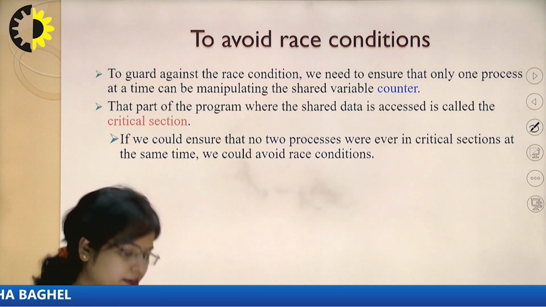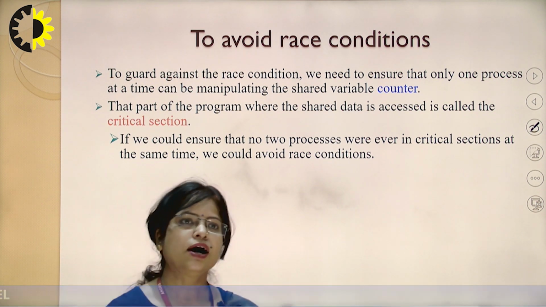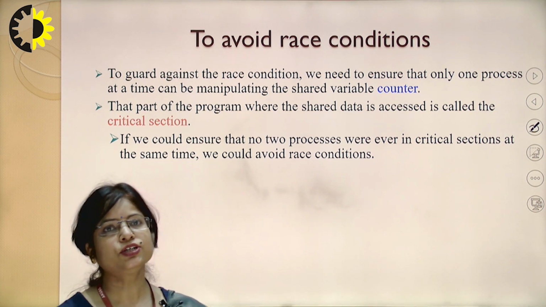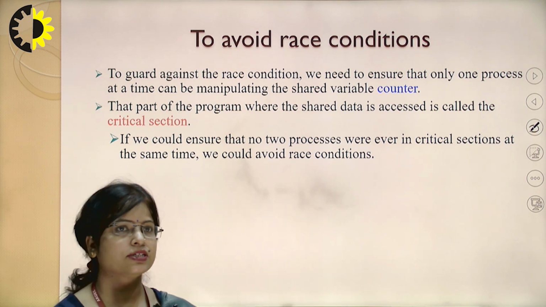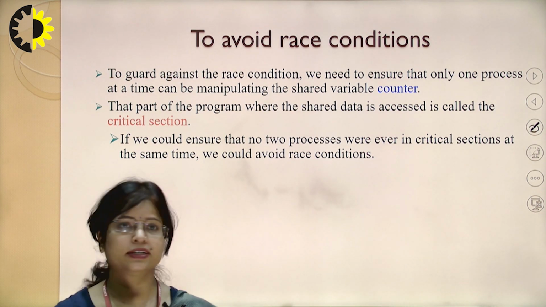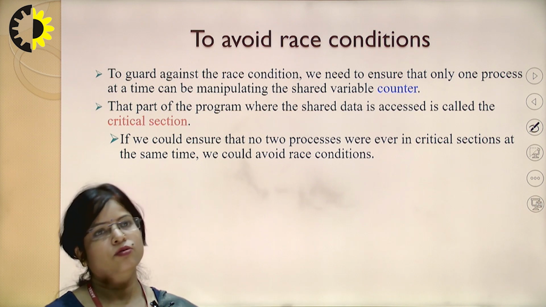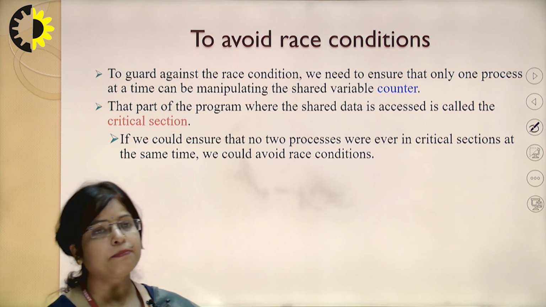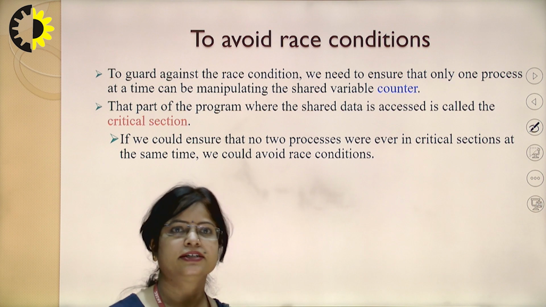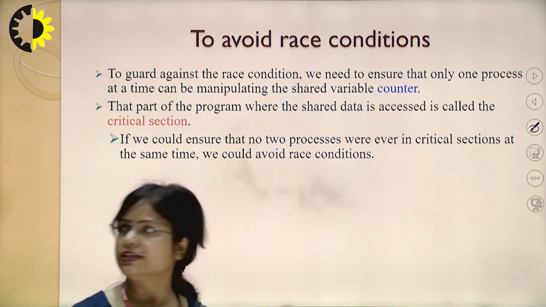How to avoid race condition? To guard against the race condition, we need to ensure that only one process at a time can be manipulating the shared variable counter. That part of the program where the shared data is accessed is called the critical section.